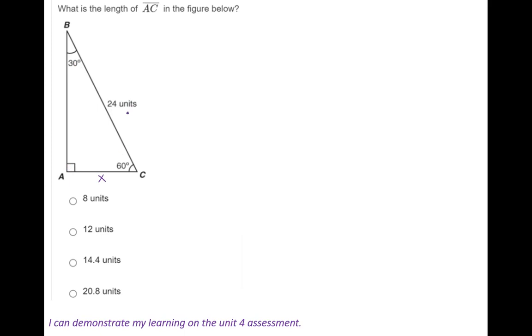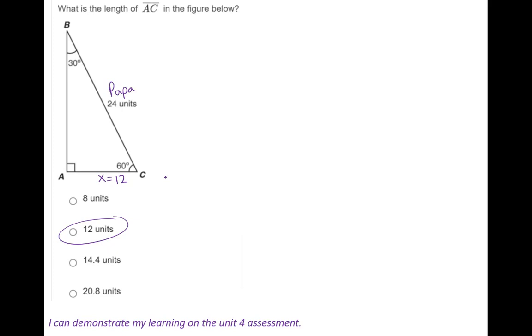The side they gave me is the hypotenuse, or Papa Bear. We know that Papa Bear is twice as big as Baby Bear. So if Papa Bear is 24, then Baby Bear would have to be half of that, which is 12. So you can very quickly do this problem just by knowing the 3 bears.